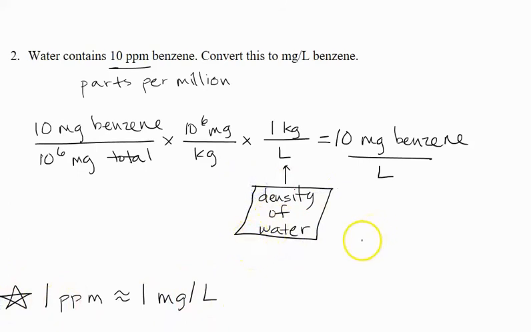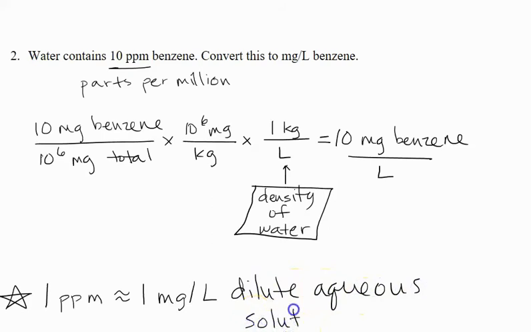So you can only use this relationship in dilute aqueous solutions, because it has to have a density of 1 kilogram per liter for this little shortcut to work. Water has that density.